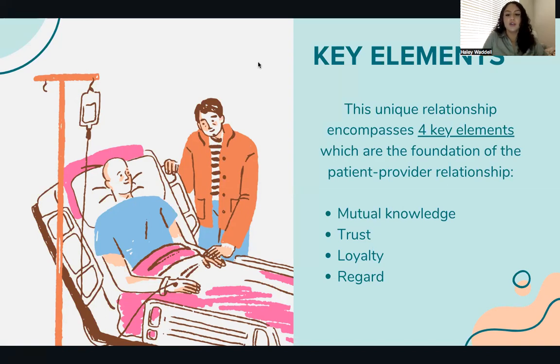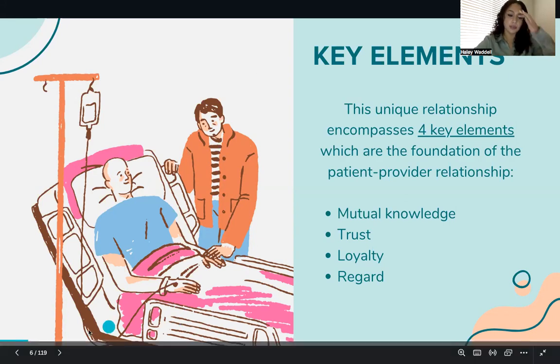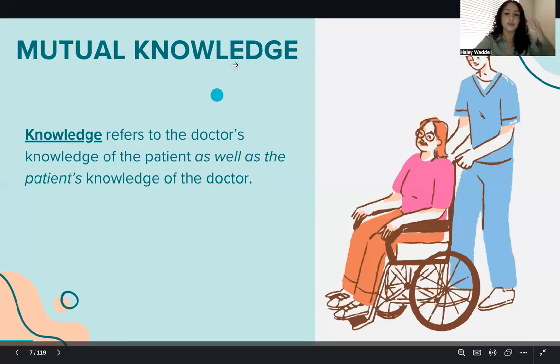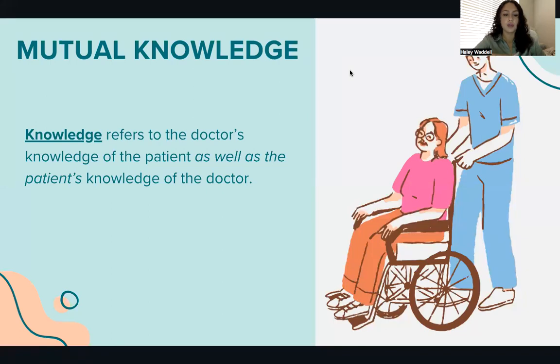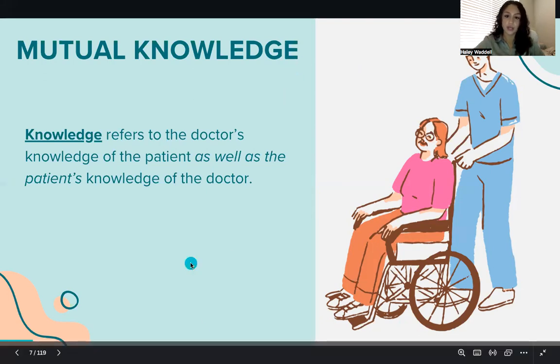This unique relationship encompasses four key elements, which are the foundation of the patient-provider relationship: mutual knowledge, trust, loyalty, and regard. We're going to go over what each of those means. Okay, so starting off with mutual knowledge. Knowledge refers to the doctor's knowledge of the patient as well as the patient's knowledge of the doctor. So, how well do you know each other?